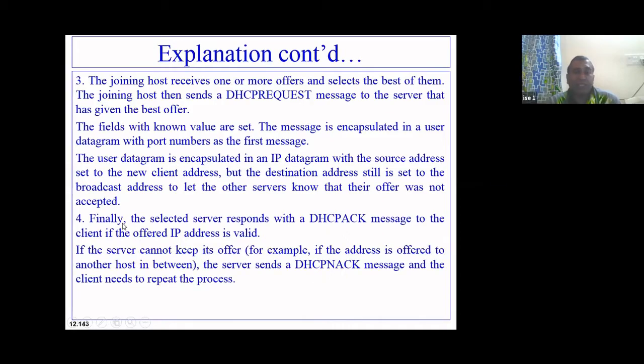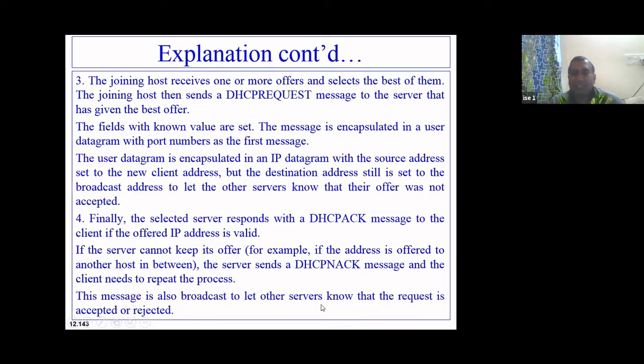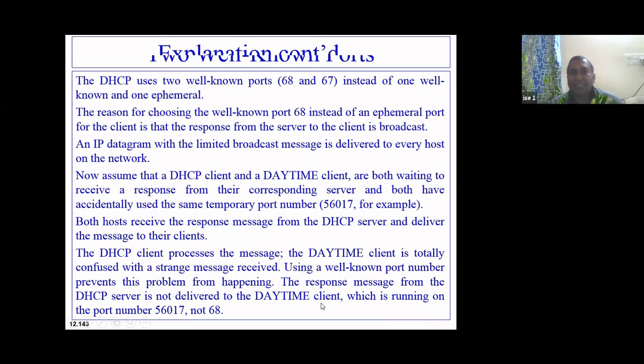Now if the server cannot offer the service, then it responds with DHCP negative acknowledgement. NACK means negative acknowledgement. And once a negative acknowledgement is received, then this particular client cannot get connected to the DHCP server.